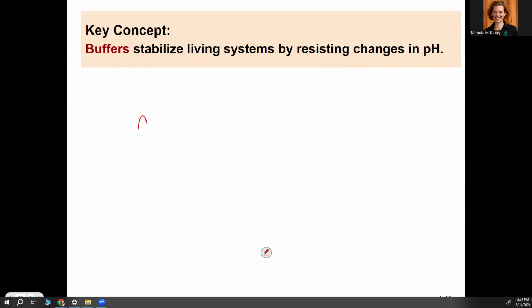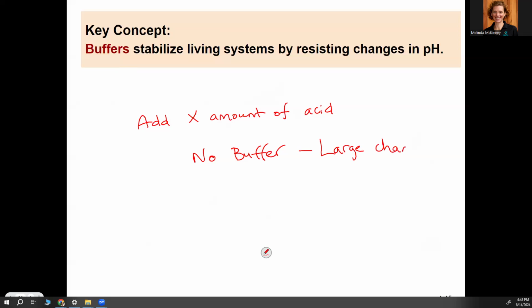So if you add X amount of acid, if it's a non-buffered system, so no buffer, you'll have a large change in pH, relatively. If you have a buffer, okay, you are going to have a small change in pH.